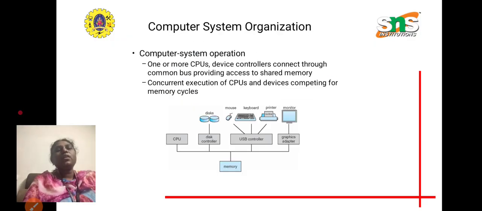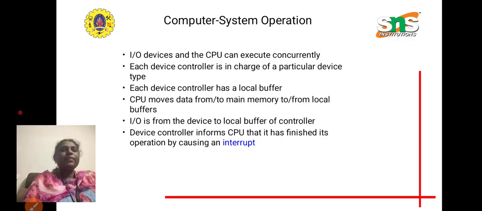Computer system organization is where one or more CPUs and device controllers connect through a common bus, which provides access to the shared memory. The concurrent execution of the CPU and the devices will compete for memory cycles. And we also have the basic operations of your computer system: the hardware, like the CPU, memory, input and output devices, the operating system, the application programs, and the user.